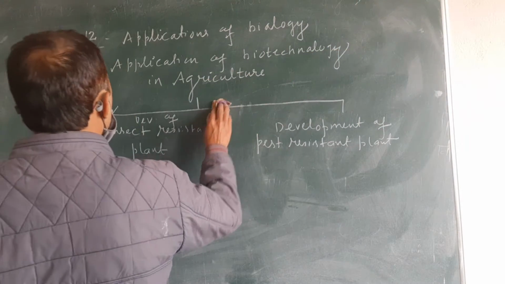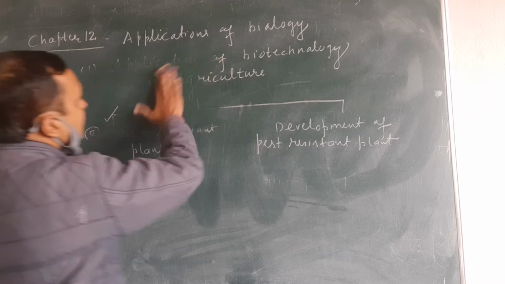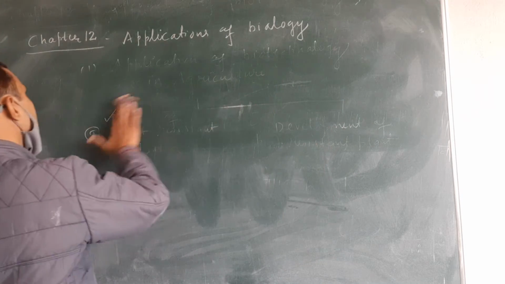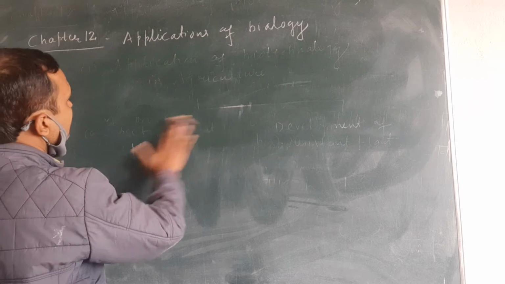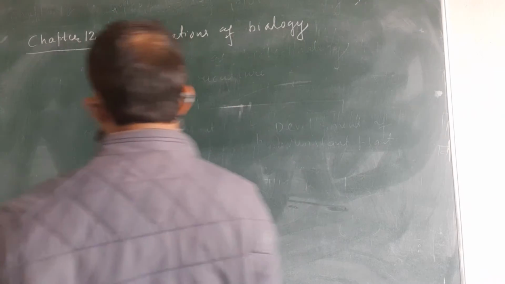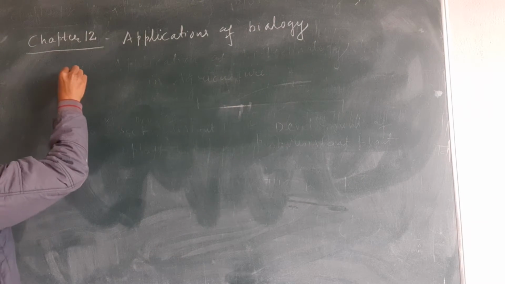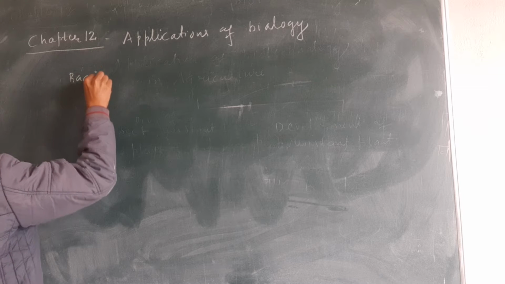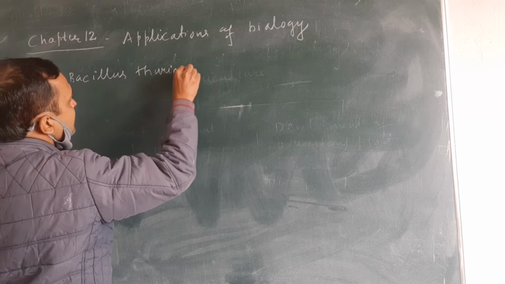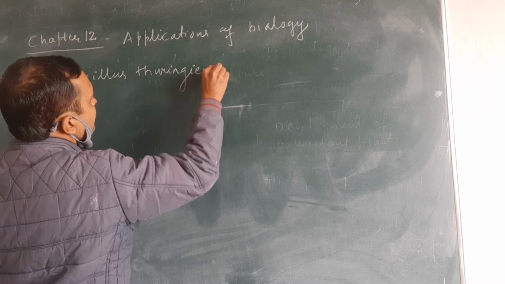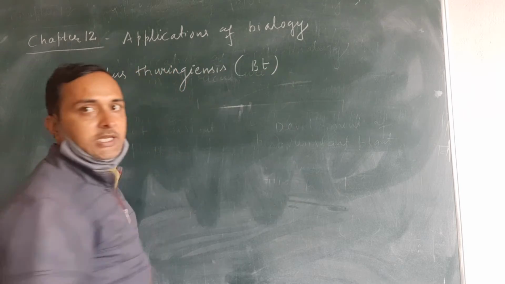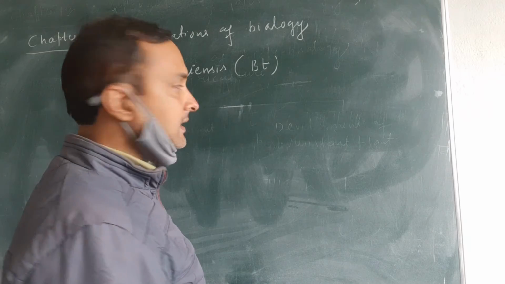Development of insect resistant plant takes place by using a special bacterium known as Bacillus thuringiensis, also known as Bt bacterium. B stands for Bacillus, T stands for thuringiensis.